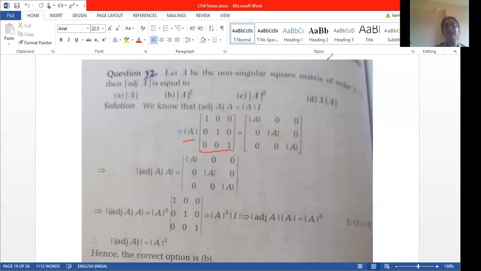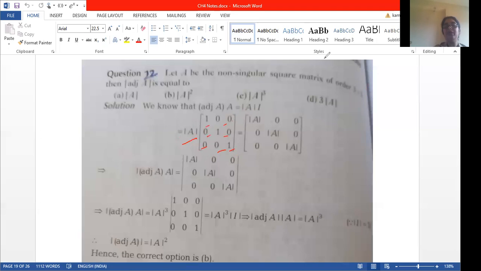Now, determinant is a value. So whatever value it is, can we multiply the determinant with each and every element of the matrix? Yes, we can.